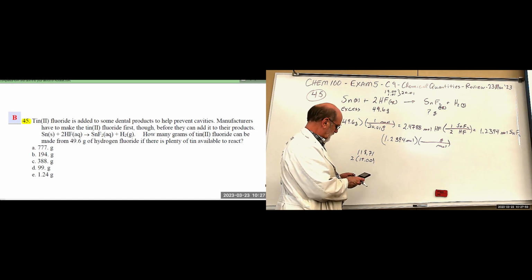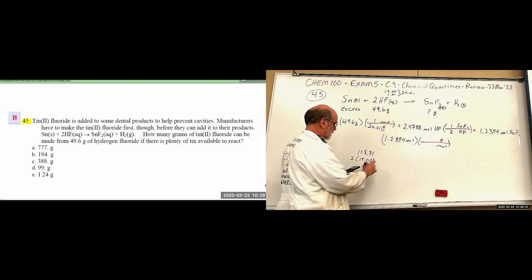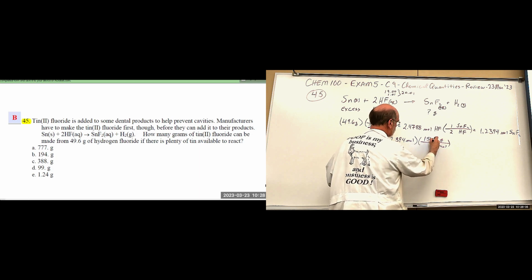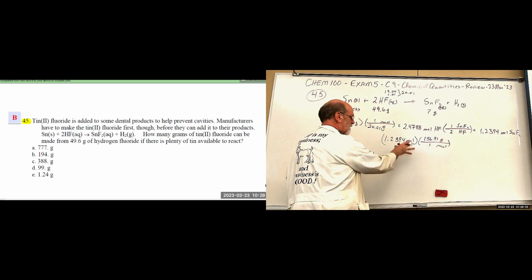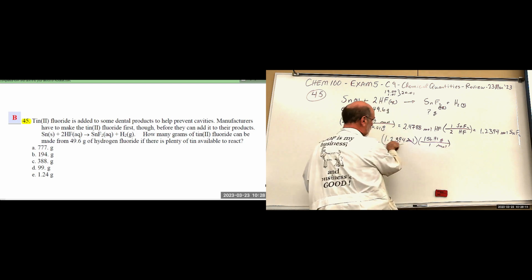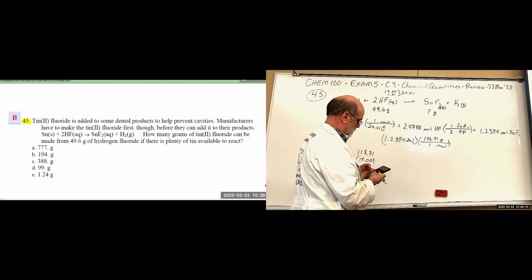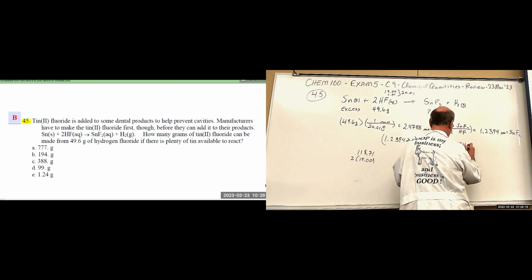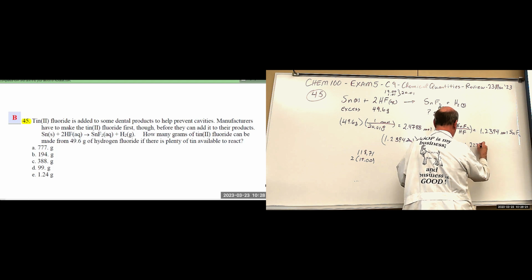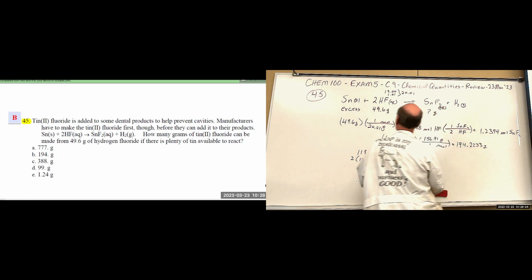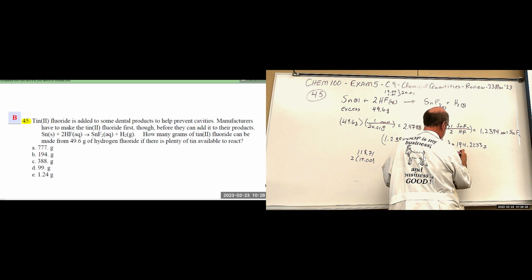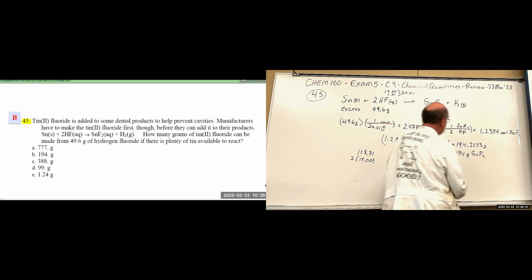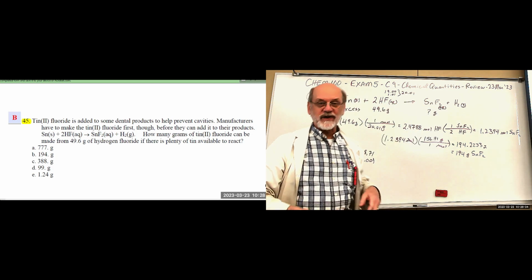And then 118.71 plus 38 is 156.71 grams per mole. And then multiply that, because those cancel, times 1.2394. And that's 194.2233 grams. Well, we rounded off to 3 places. 194 grams of tin(II) fluoride can be produced from that many grams of hydrofluoric acid.